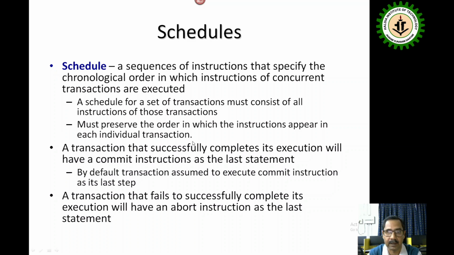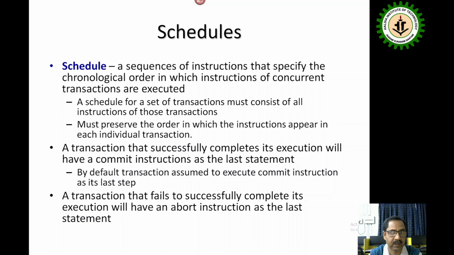So in a nutshell, a schedule means a system having at least two transactions, each transaction having a set of instructions in a chronological order, and the transactions of the set are executed in a particular order.